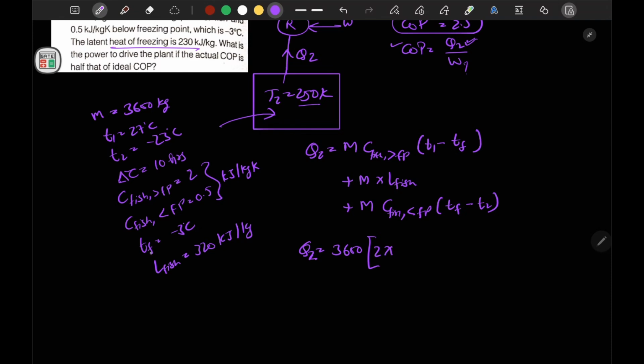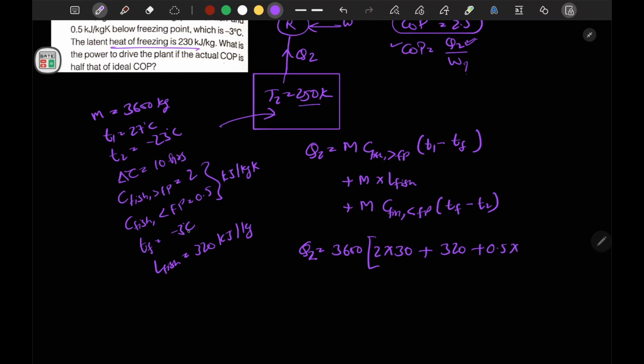T1 is 27, TF is minus 3, so this term will be 30, plus m into L of fish, which is given as 320, plus C of fish below freezing point, given as 0.5, into TF minus T2.